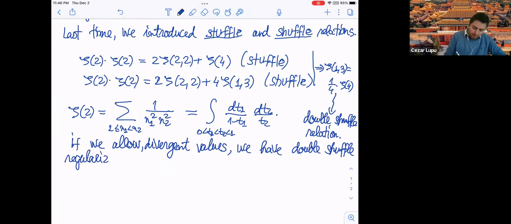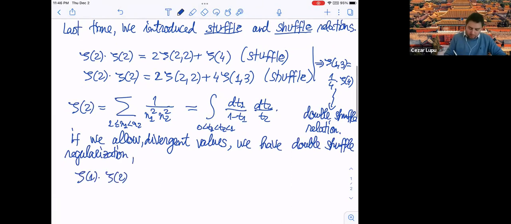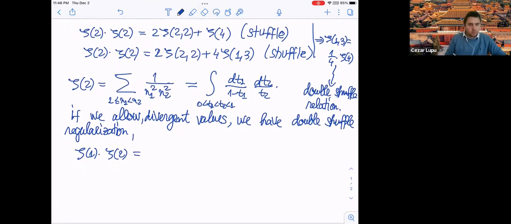And we said that this happens when we multiply zeta of 1 and zeta of 2, right? And we can do it in these two ways. So we said we can do this by shuffle, right?